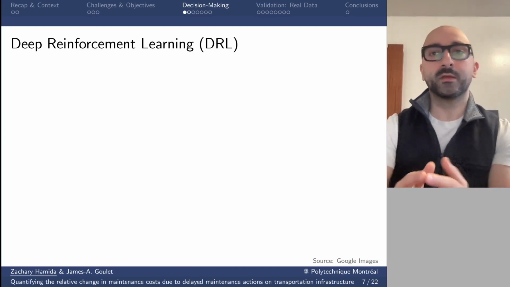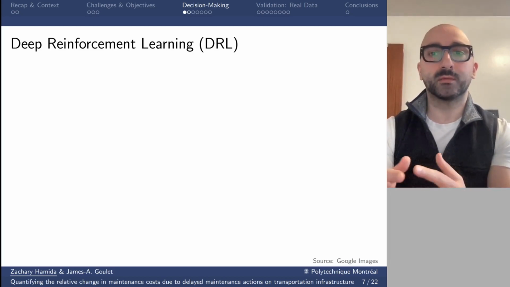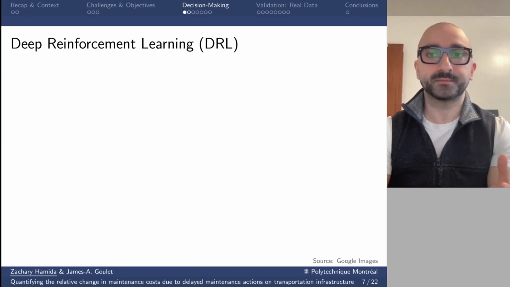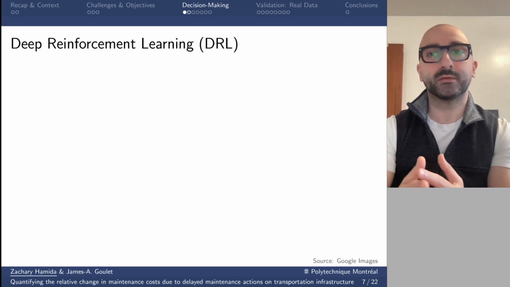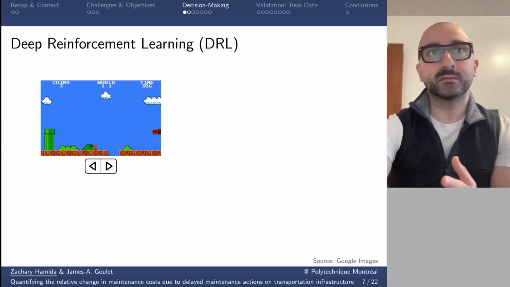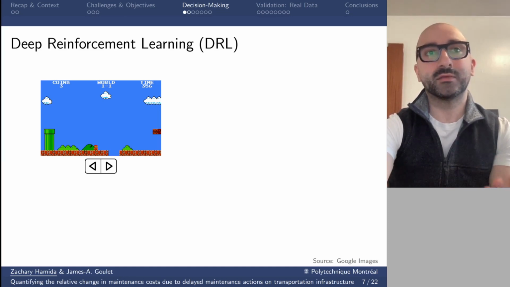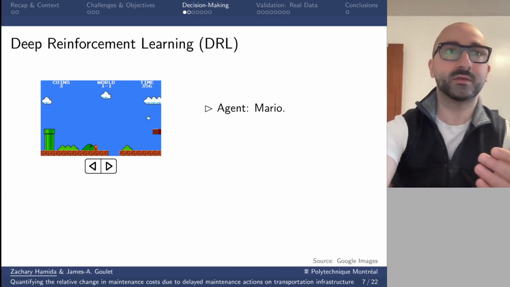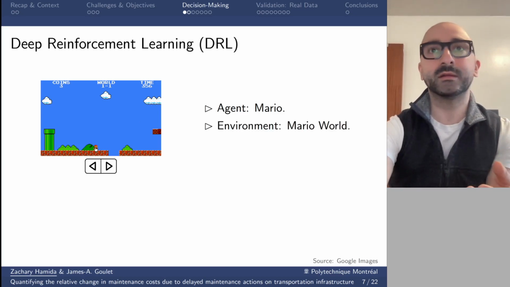Whenever we want to talk about decision making, we talk about deep reinforcement learning, which is a decision-making framework best exemplified by a video game. We can provide an example for that. For example, when you have this Super Mario video game, in reinforcement learning we have some terminology called the agent. The agent is Super Mario that we have here.